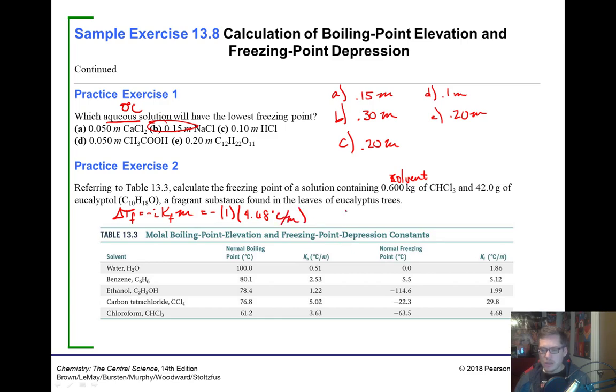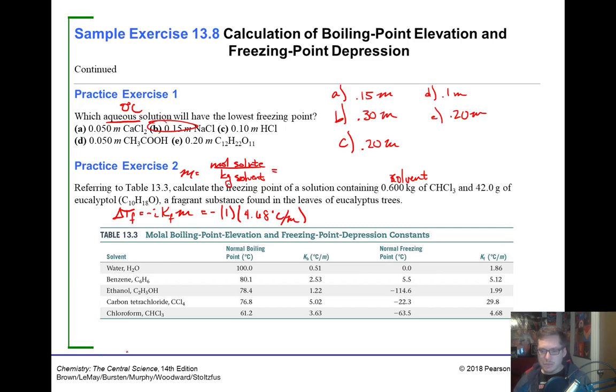And then finally we need the molality of our solution. This is kind of where the rubber meets the road, if you remember how to do molality. So molality is equal to moles of solute divided by kilograms of solvent. So we got to find the moles of solute first.